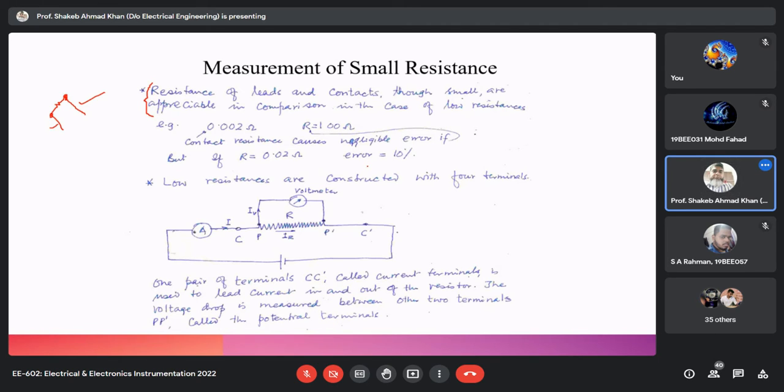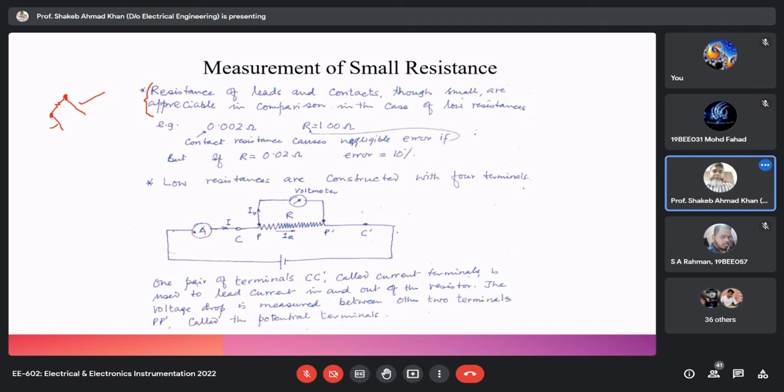Only then you will get the correct result. So obviously, whatever methods we have studied in their original form are basically not made for low resistance measurement, so they won't cater to the issue related to low resistance measurement. So you have to modify them.